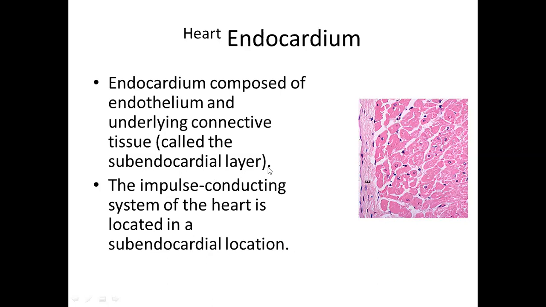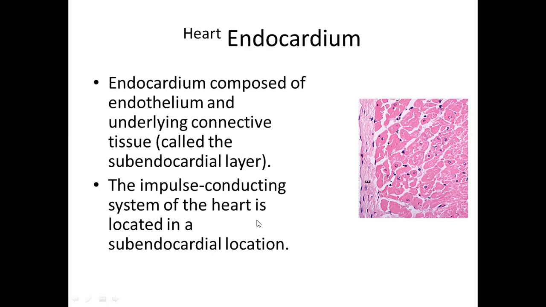So keep in mind that in some texts the endocardium will be described as the endothelium, the underlying subendothelial connective tissue, and then separately a third part, the subendocardial layer, a separate connective tissue layer below the endocardium as the name indicates, but we are just going to describe it as part of the endocardium.